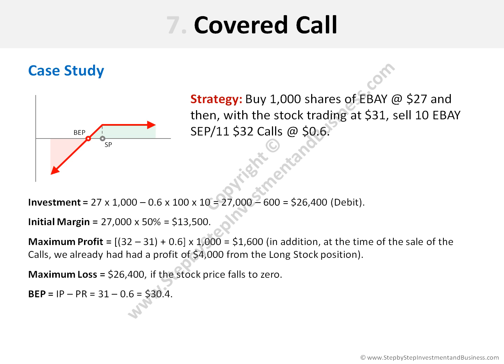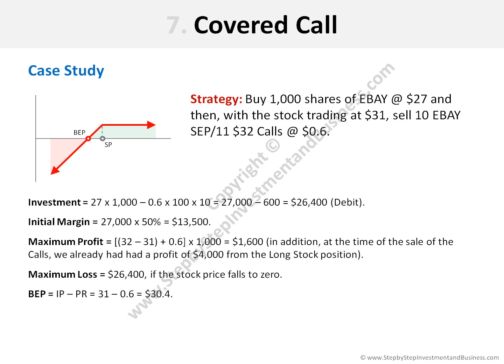The premium received is equal to 0.6 multiplied by 100, which is the price of each contract, multiplied by 10, which is the number of contracts sold. That is $600. So, our investment is $26,400.